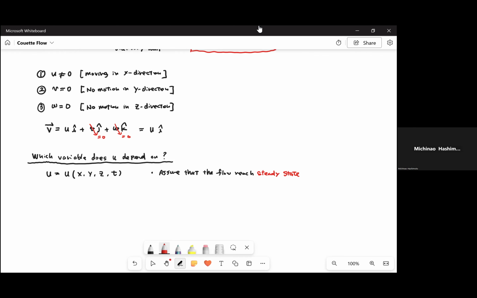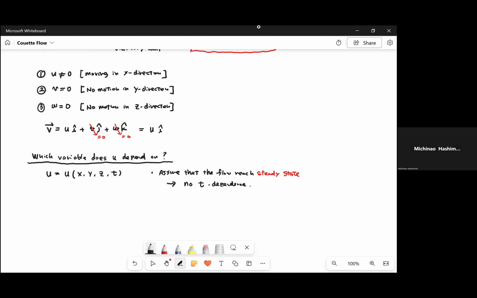In this case, this tells you there is no t dependence. That's the first thing.